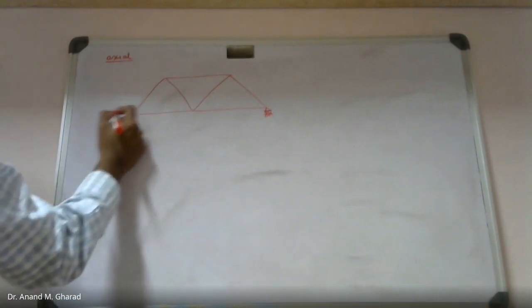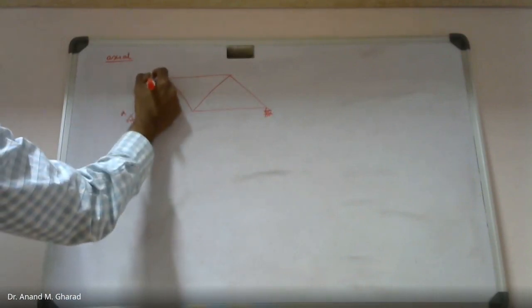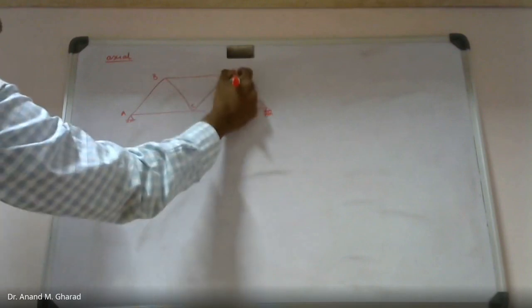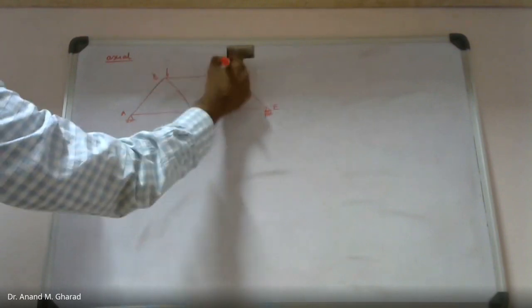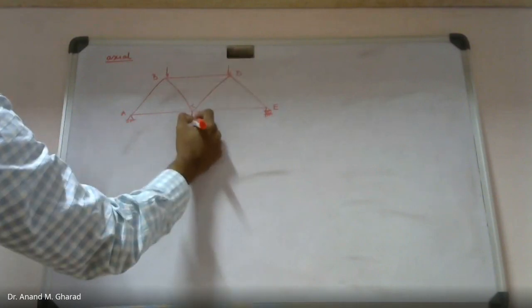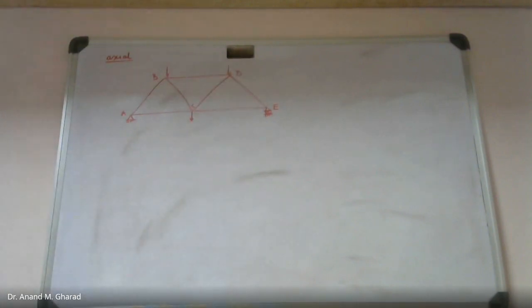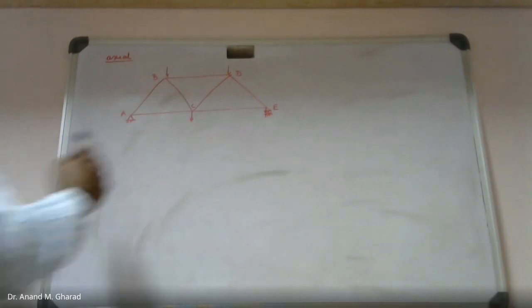Then you have the notations A, B, C, D, and E. You have forces, and with the help of these forces, you have identified several internal forces. Internal forces in the sense the axial forces, right? So, by my calculation, I am getting these values.